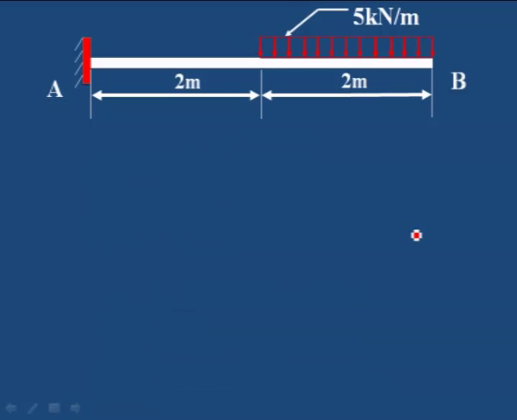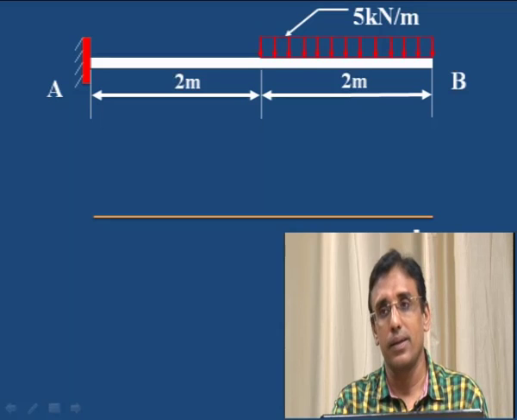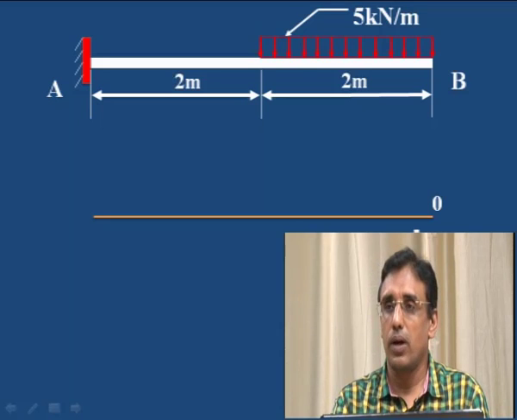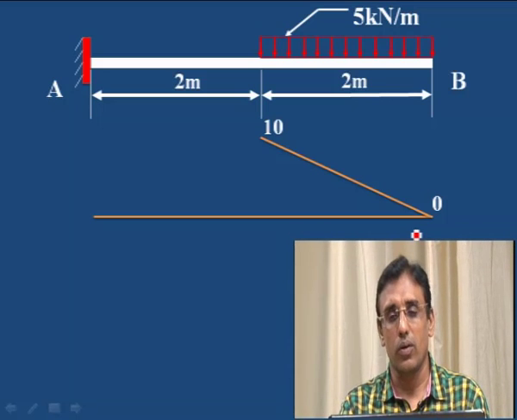Next, to draw the shear force and bending moment diagram, as usual, draw a horizontal line and then mark the 0 point. At first, point B, shear force is 0. Then an inclined line. Why is it inclined? Because it is a uniformly distributed load. For uniformly distributed load, we have to draw the inclined line, up to the value of 10 kilonewton.